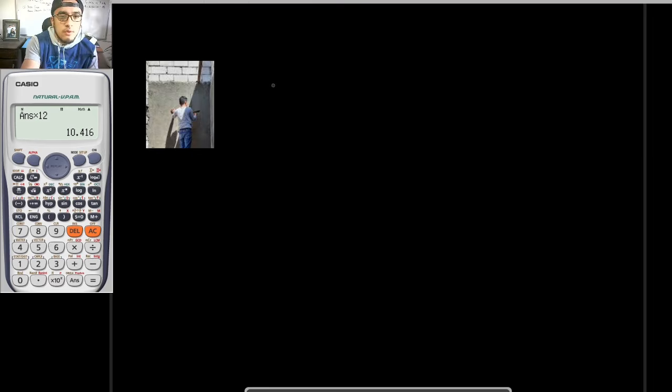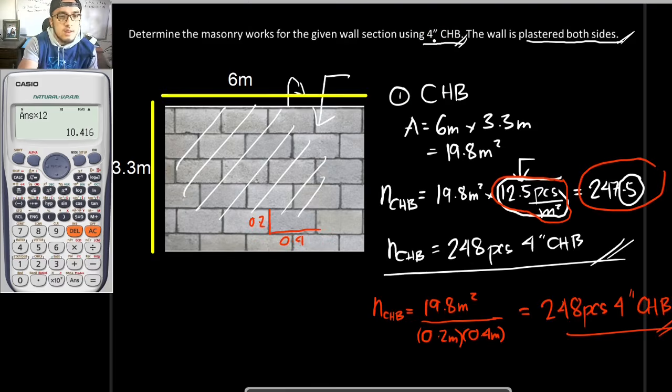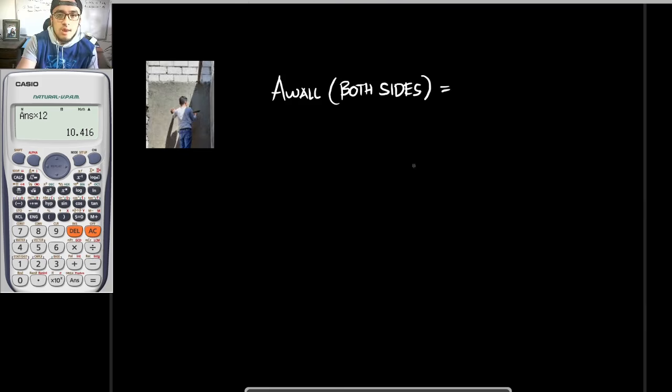So for the area of the wall, both sides, that would be 6 times 3.3 times 2. This 6 meters by 3.3 is only one side, times 2 of course, both sides.